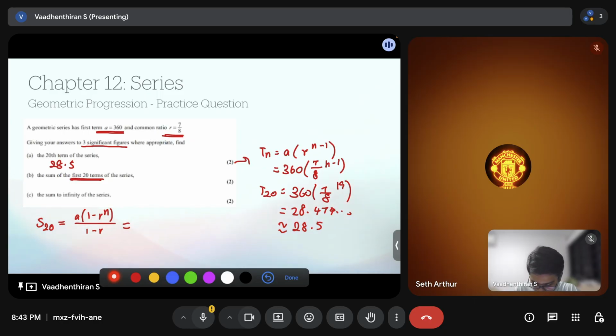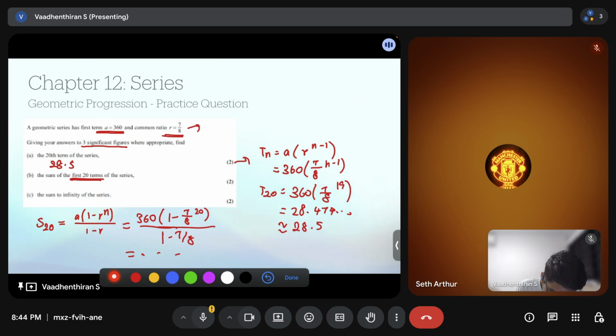So here it would be 360 times 1 minus 7 by 8 to the 20 over 1 minus 7 by 8. Whatever the answer, you need to convert it into three significant figures.